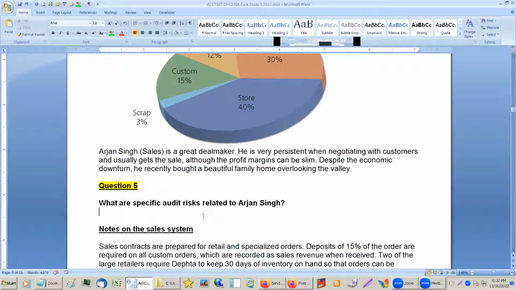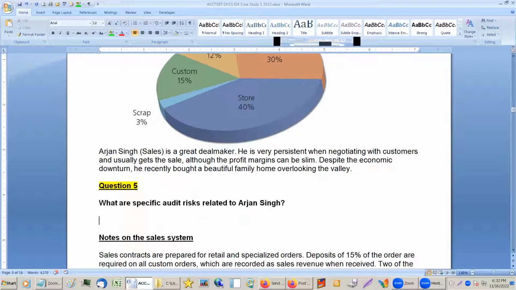Okay, what audit risks relate to Arjan? What are some of the problems that might arise from Arjan?